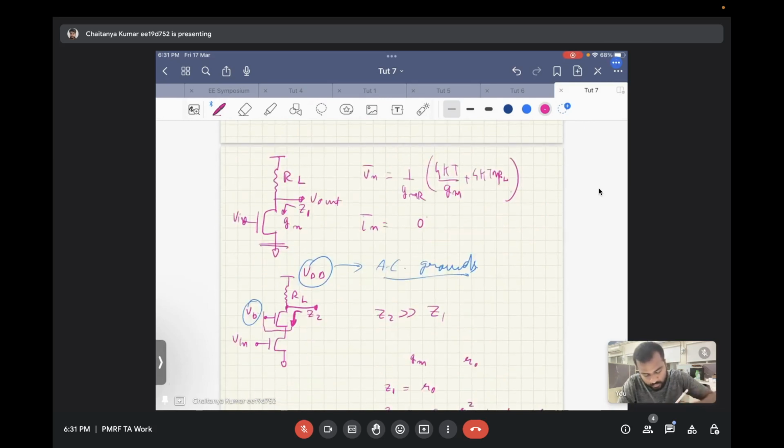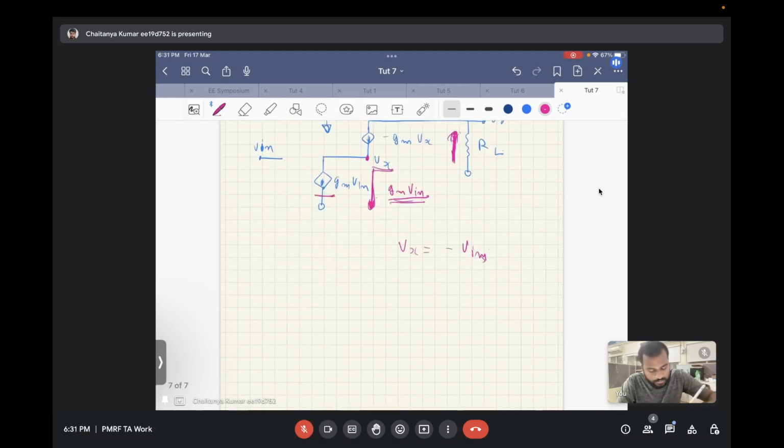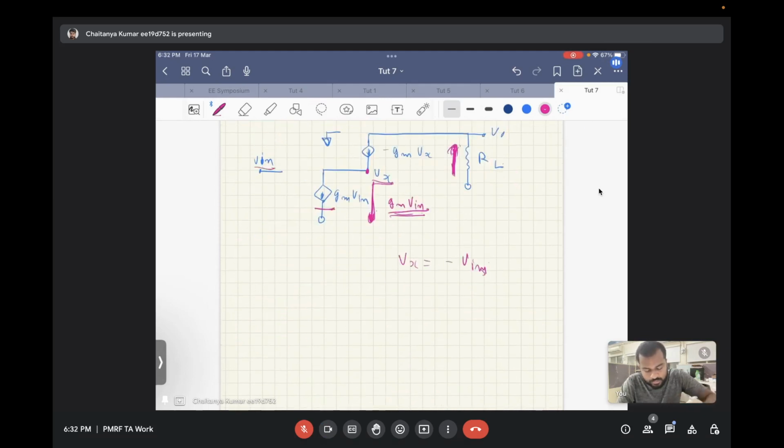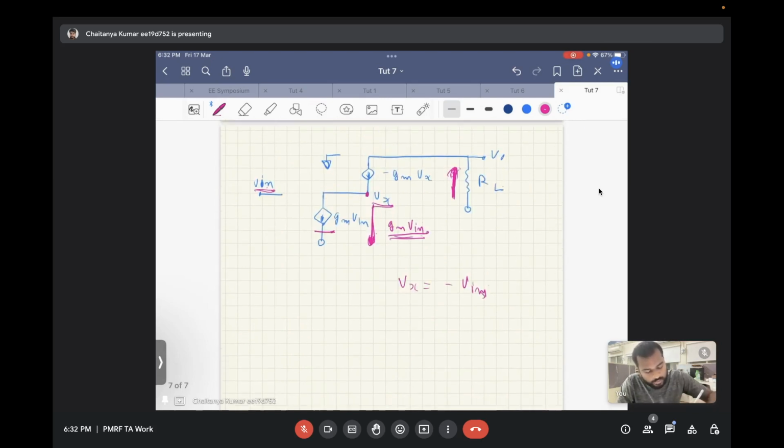Because this cascode transistor is kind of providing negative feedback, making sure that the current flowing down and the current flowing up are equal, so that the node voltage doesn't blow up. It will set the node voltage at the desired value, and in the small signal case it will be equal to the negative of whatever input voltage you apply.